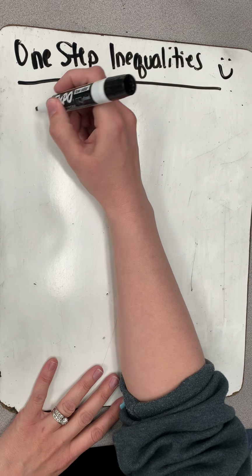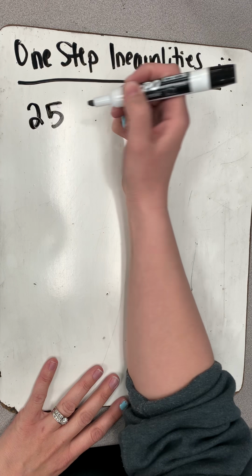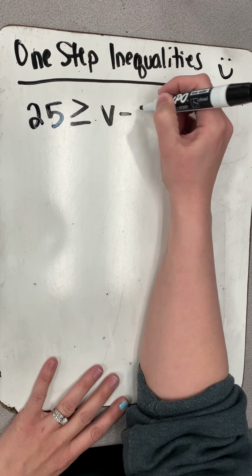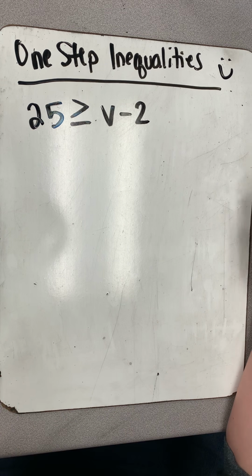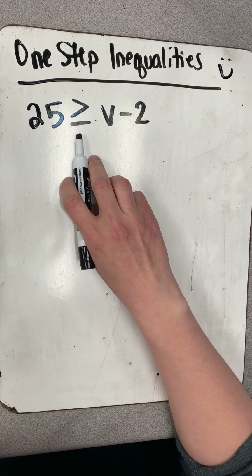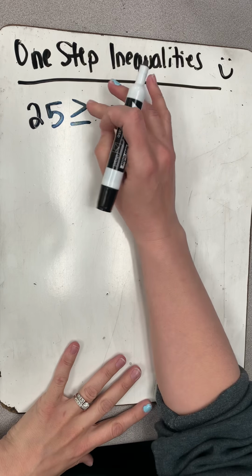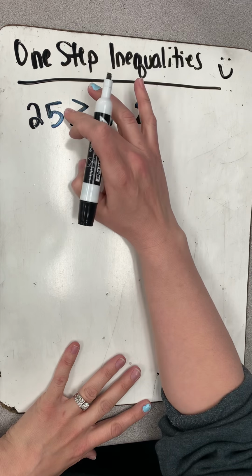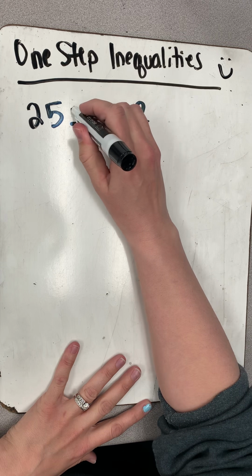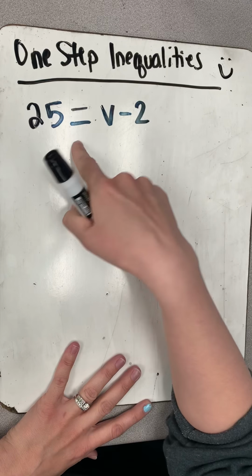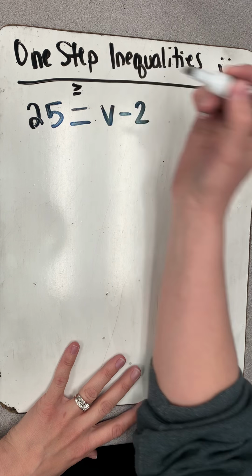Okay, so my first example is 25 is greater than or equal to v minus 2. A lot of people, when they see this inequality sign, they're like, oh no. But it's really not any different than if you were doing an equal sign. You want to keep in mind what it was. So I'm going to put that it was that.